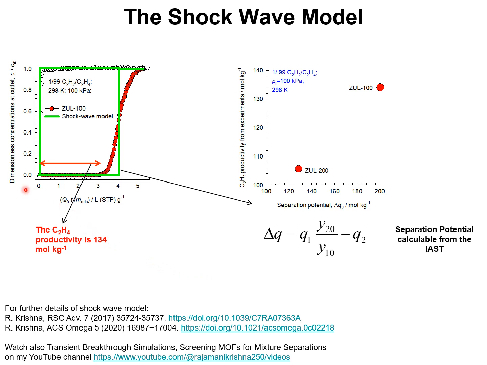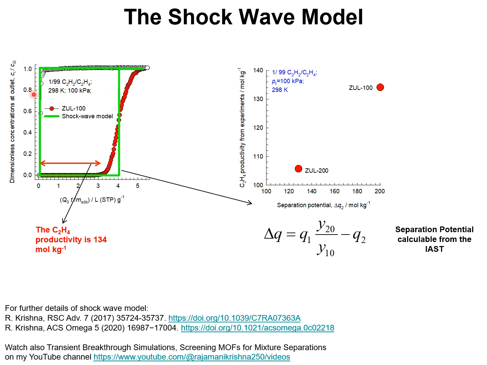So adopting the shockwave model, we can determine the separation potential, and this separation potential indicates the maximum productivity that is achievable for binary mixture separations in a fixed bed adsorber.